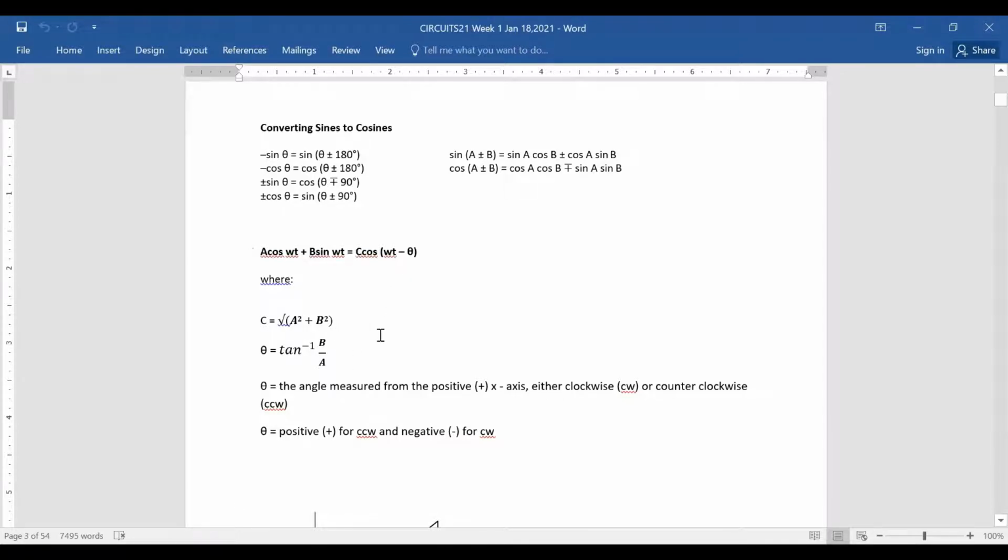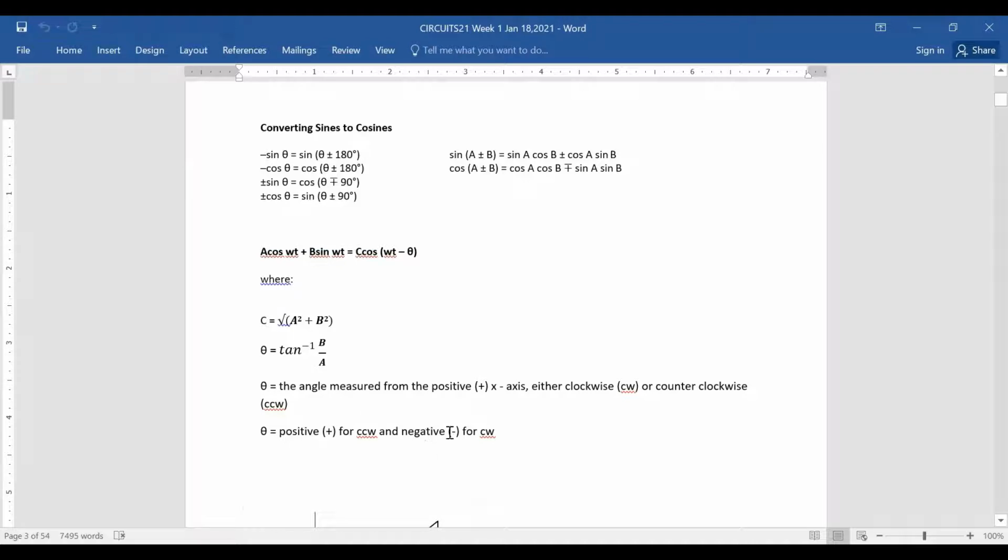Angle theta here is the angle measured from the positive x-axis, in either the clockwise (CW) or counterclockwise direction. So the sign of our theta is said to be positive if we use the counterclockwise direction with respect to the positive x-axis.